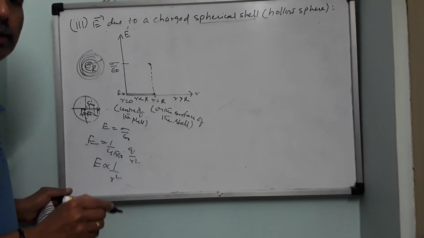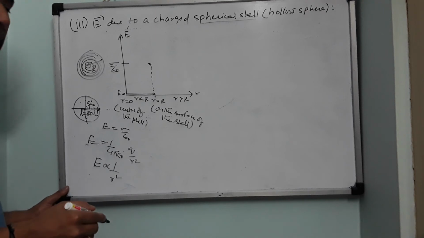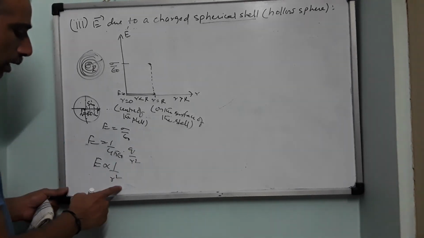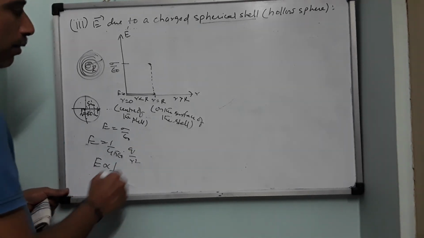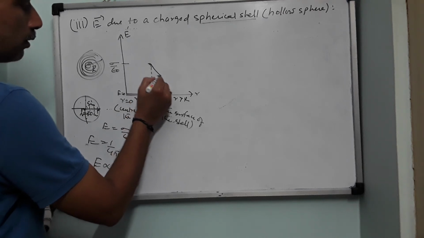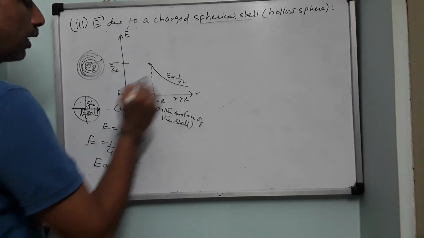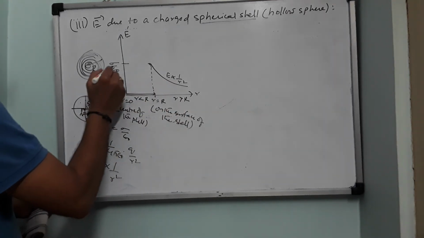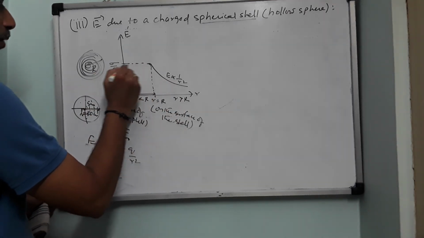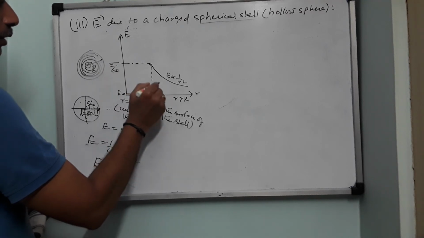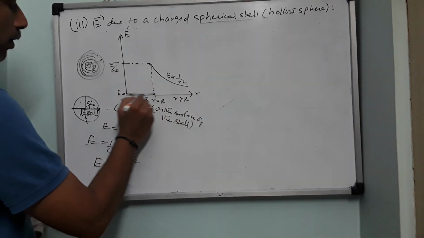There will be a straight line, a parabola, a hyperbola, right? So this relation particularly will give rise to a hyperbola. So it will be like that. E varies inversely with R square. So it cannot be sigma by epsilon naught. Sigma by epsilon naught can exist only on the surface.